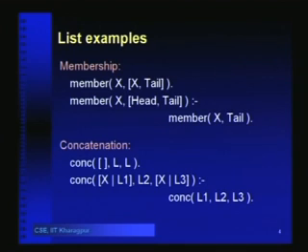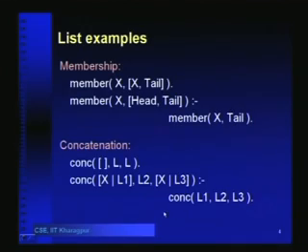The first one says that if we concatenate an empty list with L, then we get L. The second rule says that if we concatenate X as the head and L1 as the tail with another list L2, then we will get a list X with L3, where this X is bound to this X. So, the first element of this list is the first element of this list, and the concatenation of L1 and L2 will give us L3.